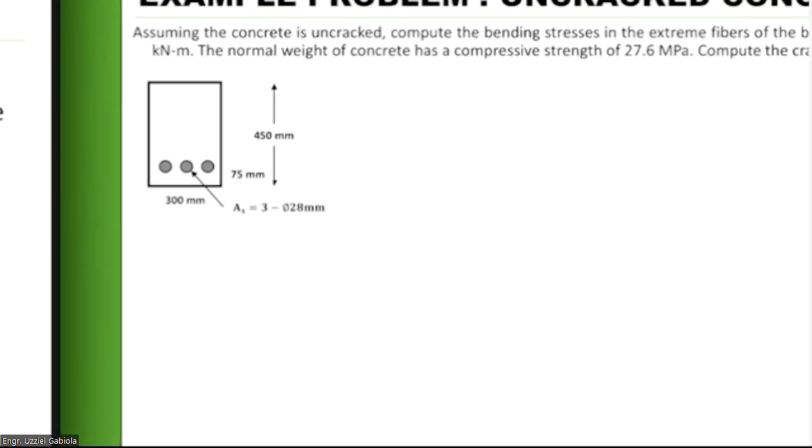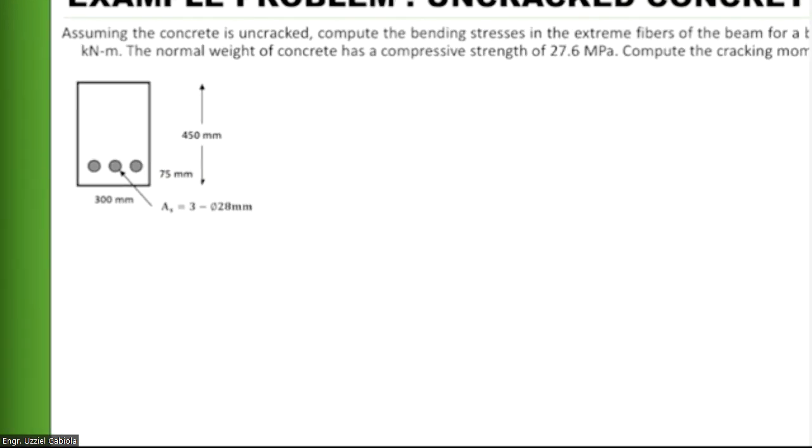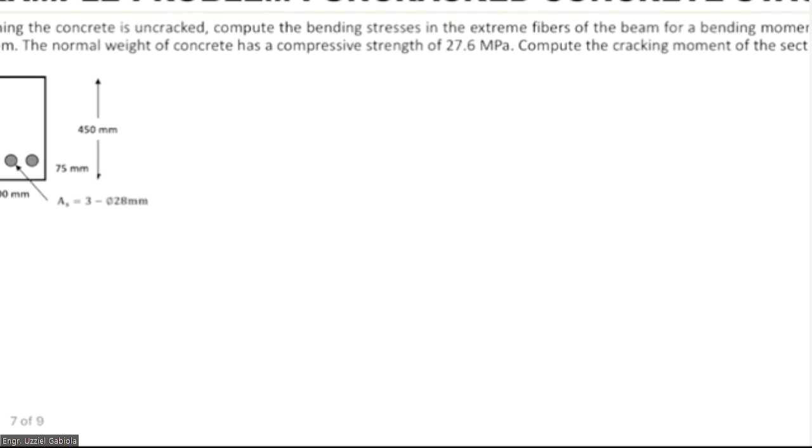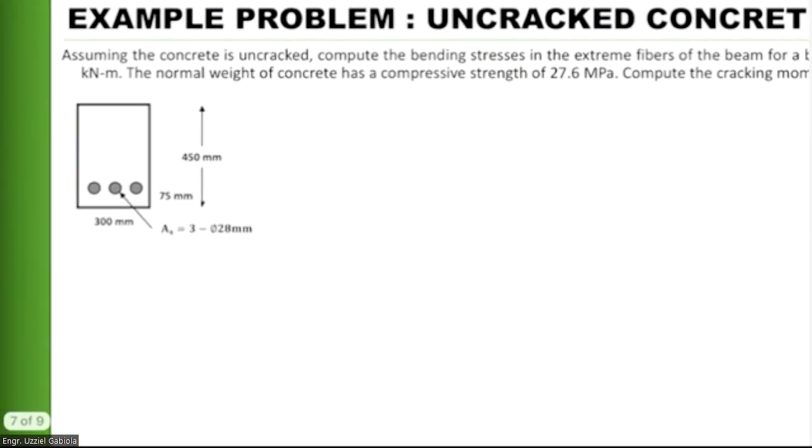Let me write this, we are given a loading, a bending moment of 30 kilonewton meter, and also the compressive strength of concrete is 27.6 megapascal. So the first question is compute for the bending stress of the extreme fibers of the beam.